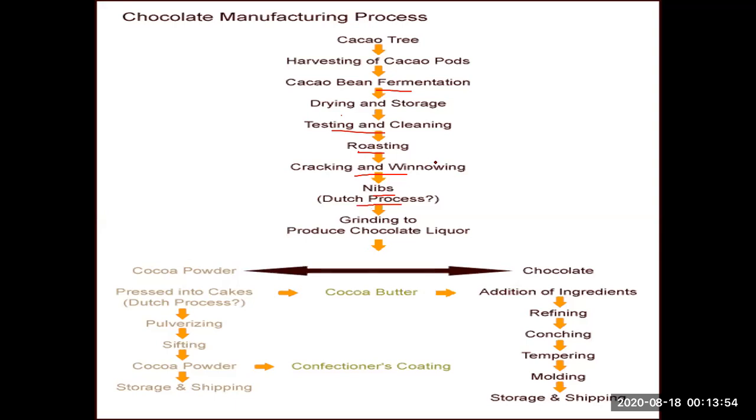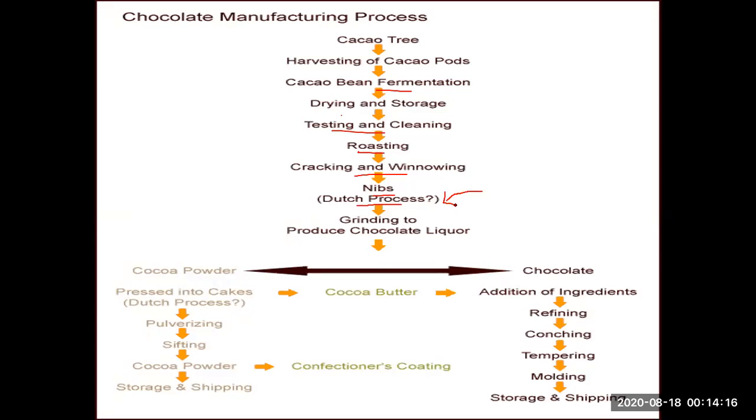Actually, some materials are used there for different kinds of fermentation process, or for increasing the pH level. For increasing the pH level of the chocolate liquid, this process is used.